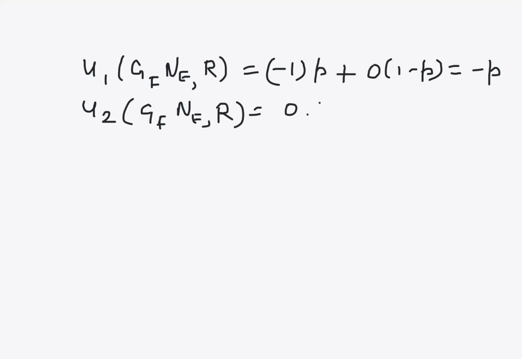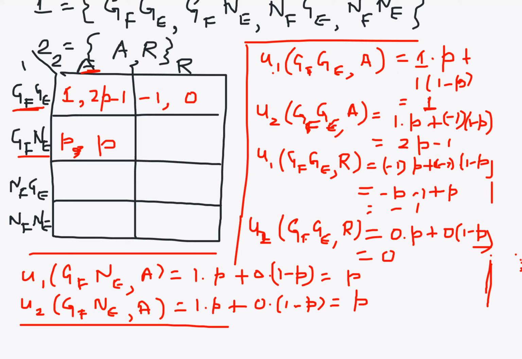So 0 times P plus 0 times 1 minus P. So player 2's expected payoff is 0, right? So we can go back and fill in here. So over here we have -P for player 1 and 0 for player 2.